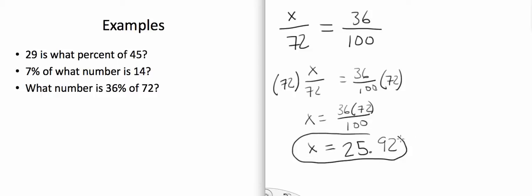Because this variable is sitting in the is spot, 25.92 is our final answer. You don't have to put a percentage at all in it. The only time you need to do that is when we're asking for the what percent. Okay, so we've got is over of equals percent over 100. That's the big idea for today.